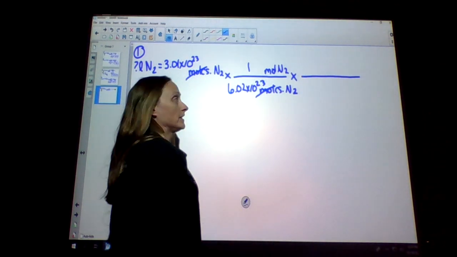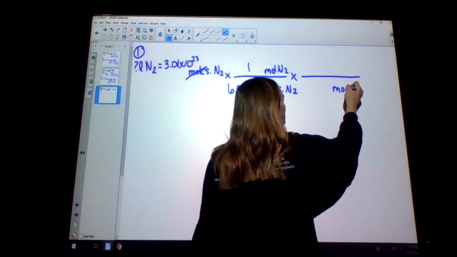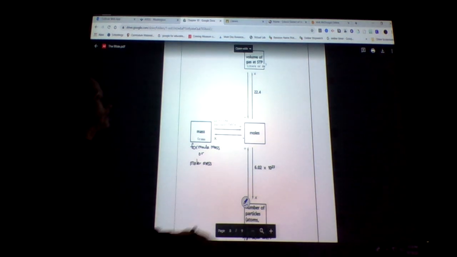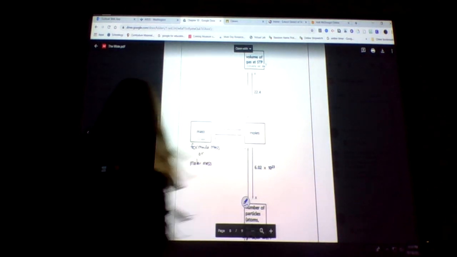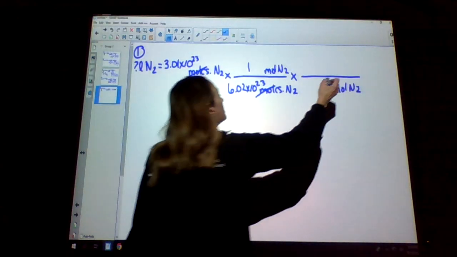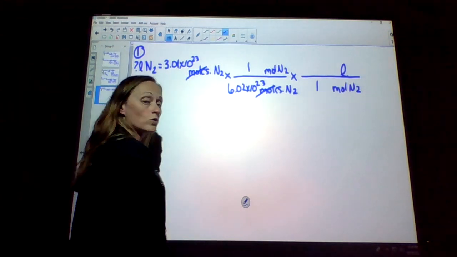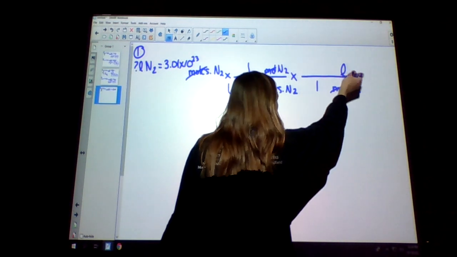In our next step, if we want our number of moles to cancel, moles will go in the bottom. And since we're going moles up to our volume, liters will go in the top, and our number 1 will go with our number of moles. Moles now cancels. We're in liters.